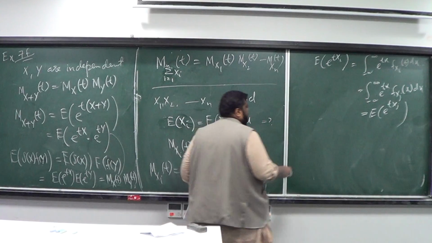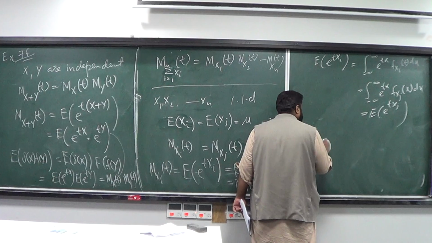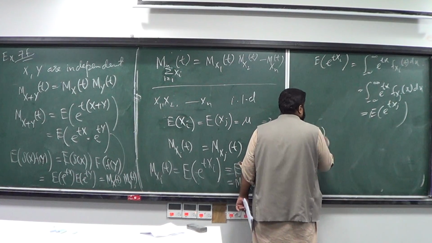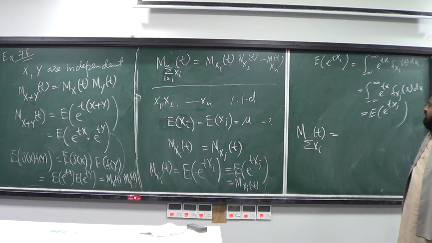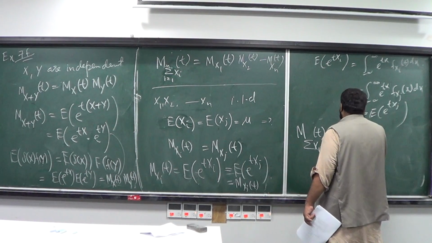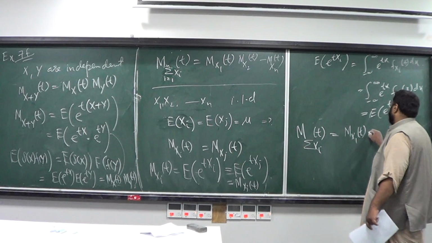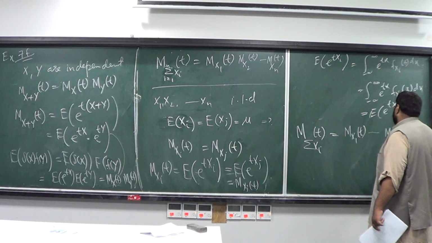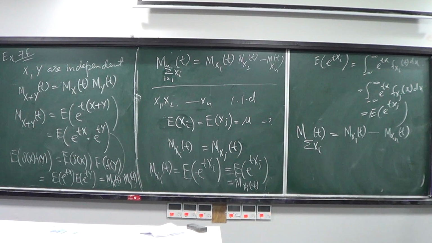Now, what if I want to calculate the moment generating function of the sum of these xi's at t? For xi, I know that they are independent and identically distributed. Due to the independence, the moment generating function of the sum is going to be the product of the moment generating functions. But I know that all these moment generating functions are equal. It is one and the same.